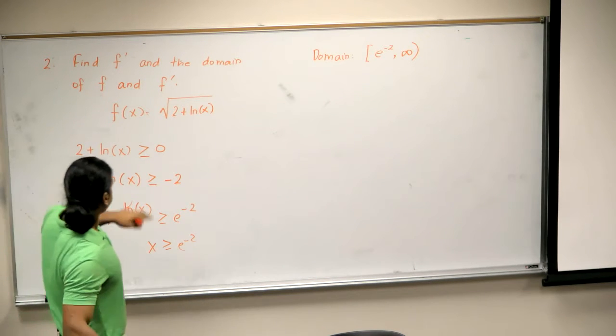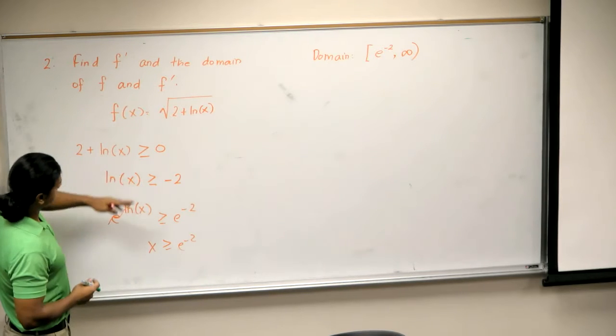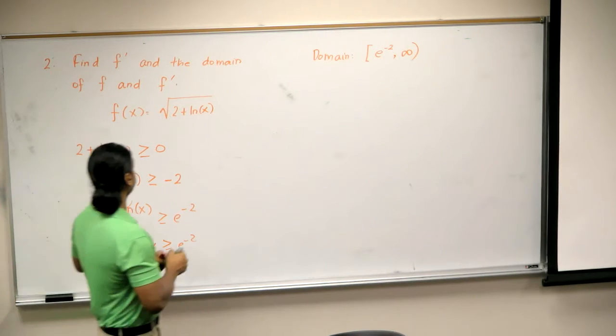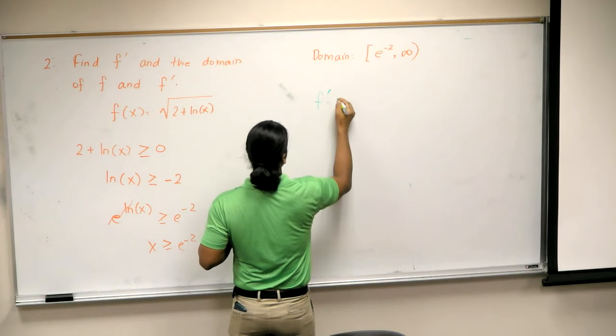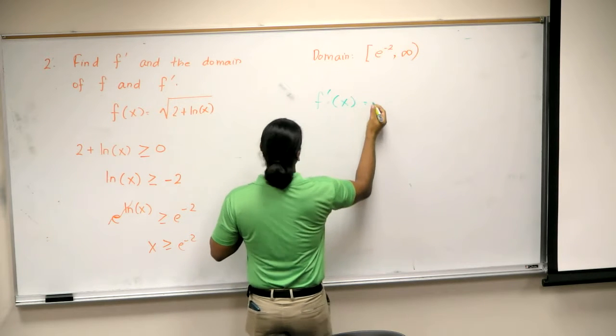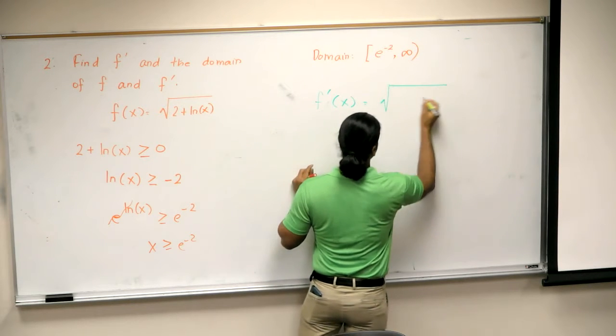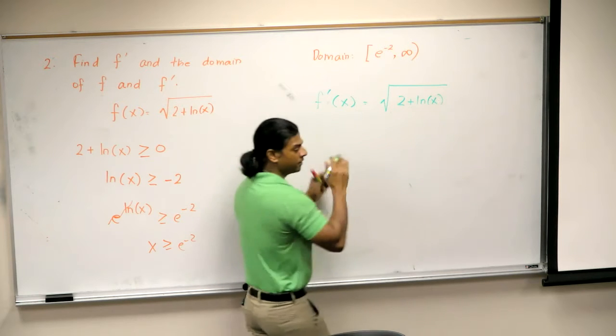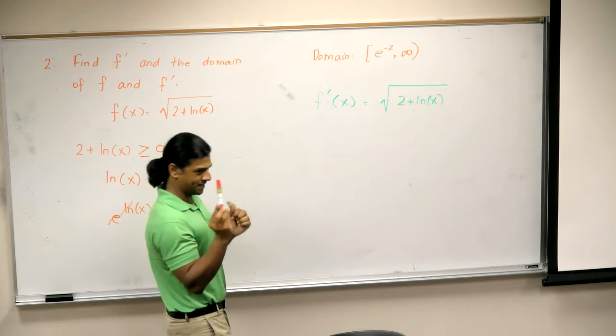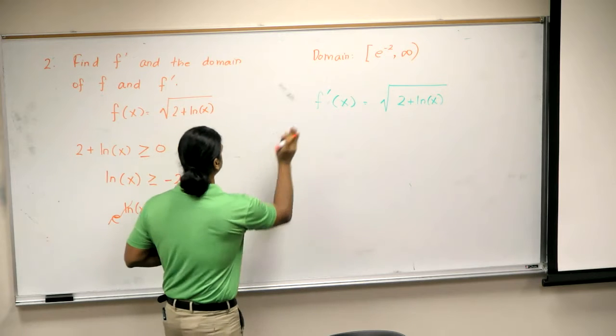So we have the domain written for f. We want to find the derivative. Before I even start, we did this in the previous problem.